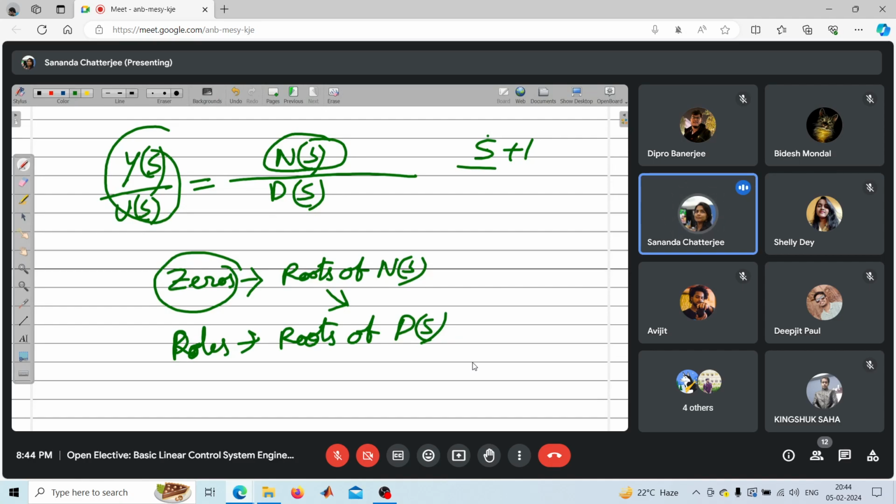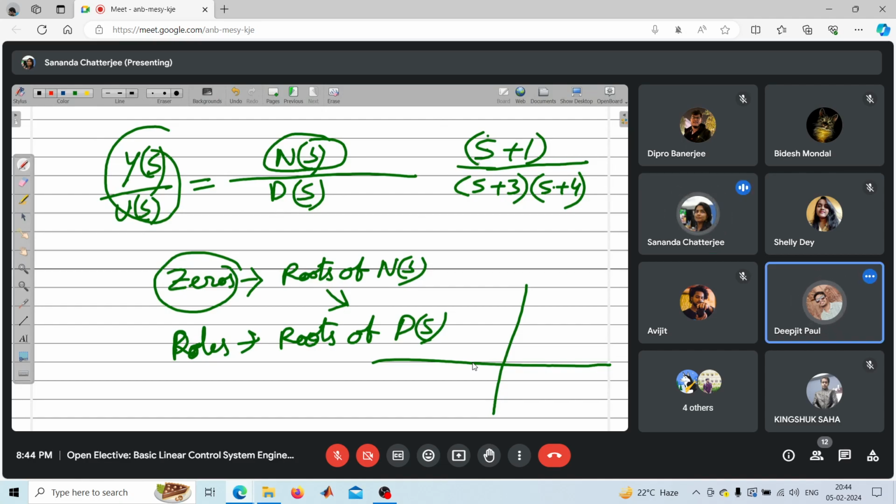Let us take a transfer function (s + 1)/((s + 3)(s + 4)). If you see the whole of the s plane, where is the zero? That is at -1. So at point -1, what will be the value of the transfer function? It will be 0.